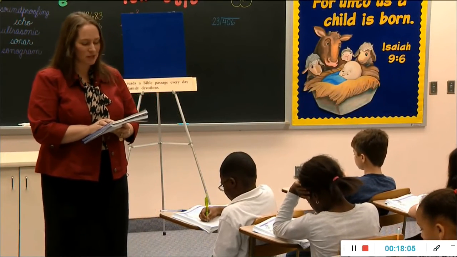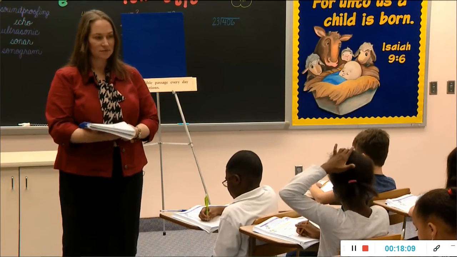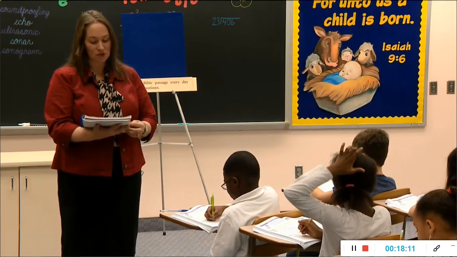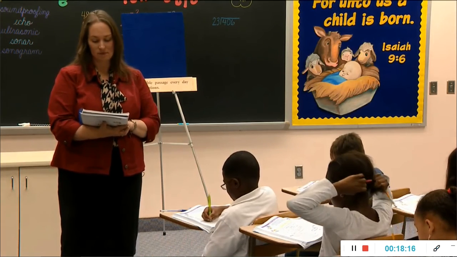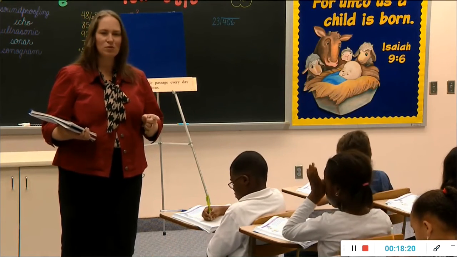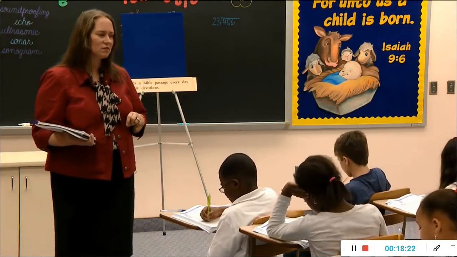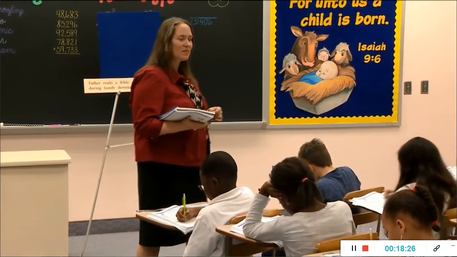Read sentence number 2 for us, Minhai. I want you to read the sentence. The king announced a ball in honor of his son. Which word am I going to look for first in this sentence? The subject or the verb? Faith? The verb. I want to find the verb first. Faith, what is the verb of that sentence?